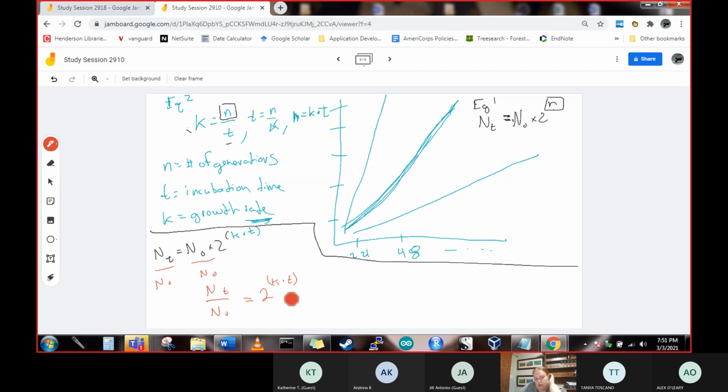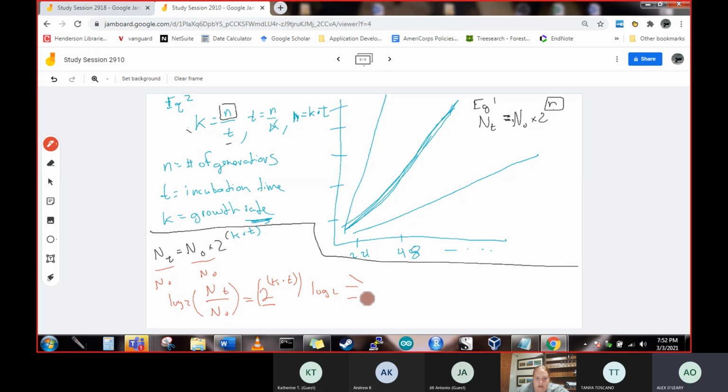And then in order to bring this exponential, because this is an exponential function, down to where you can work with k and t, you would take the log base 2, because this is a base of 2 for this log. The log base 2 of each side.